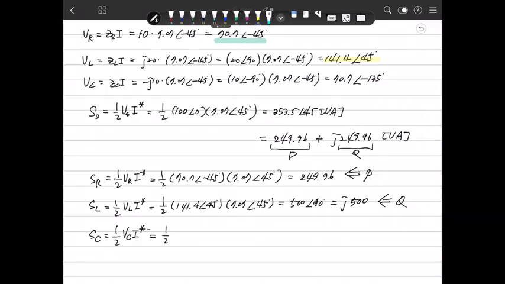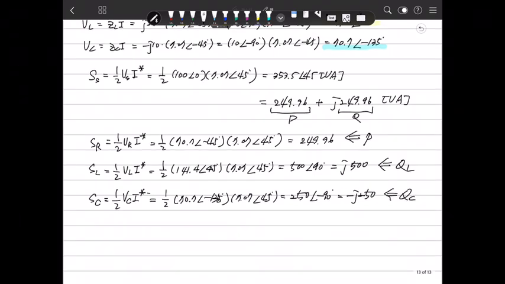Half VC is 70.7 at minus 135 degrees, and the conjugate current is 7.07 at 45 degrees. Then the result is minus j250. This is another Q, this is C, and the previous one is L.